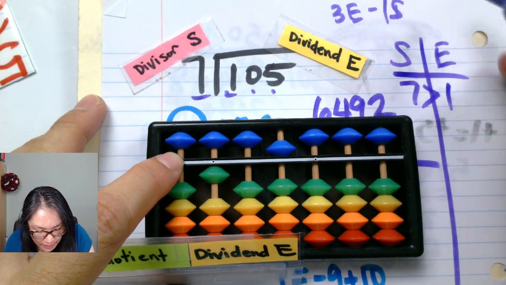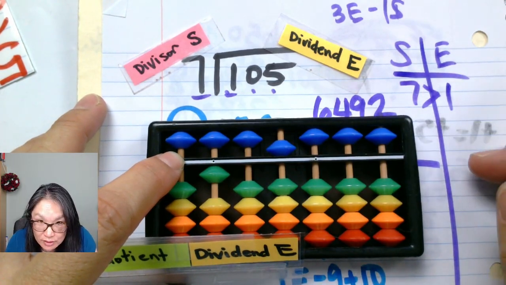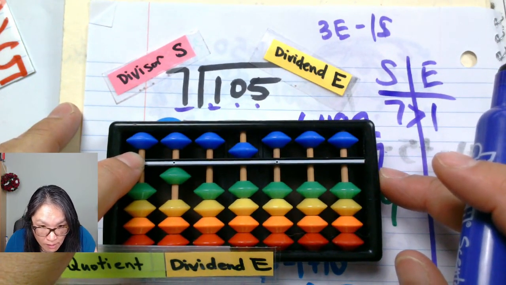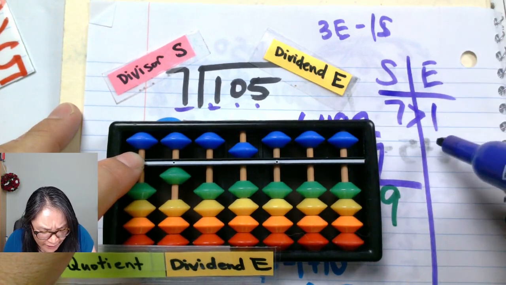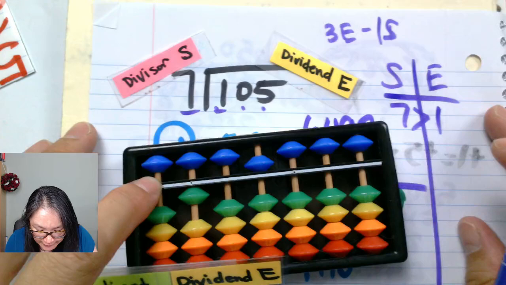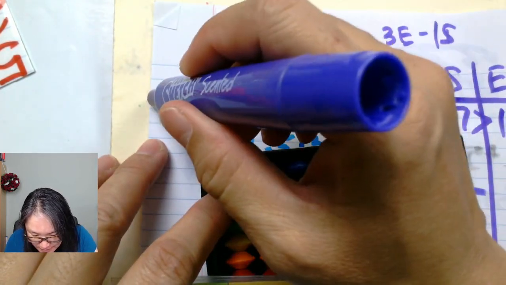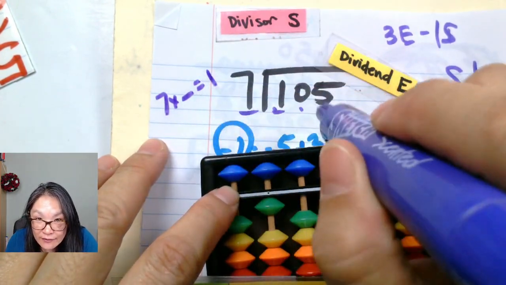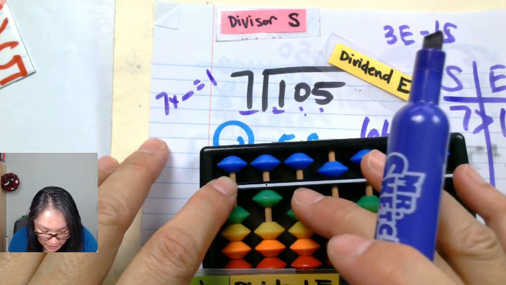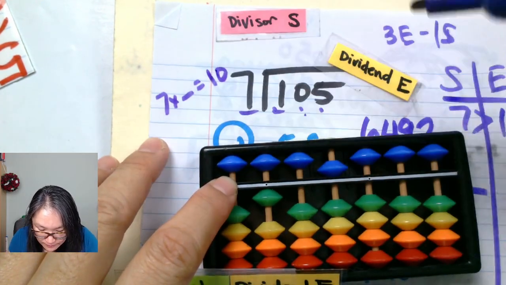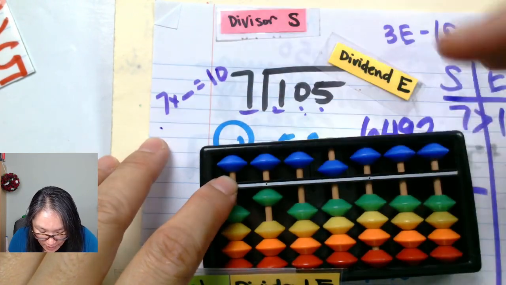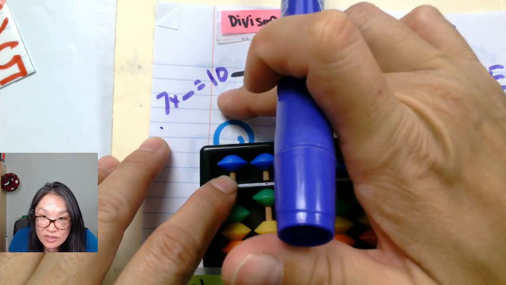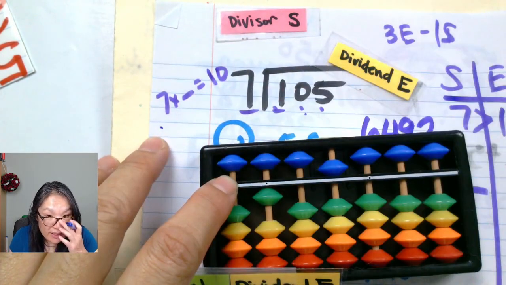When I look at my multiplication, I need to figure out how to multiply. I don't have room. 7 times what is equal to 1? I have to say 0. I need to use the extra digit. Why? Because 7 cannot go into 1. 7 has to go into 10, just as Neon Panther said.